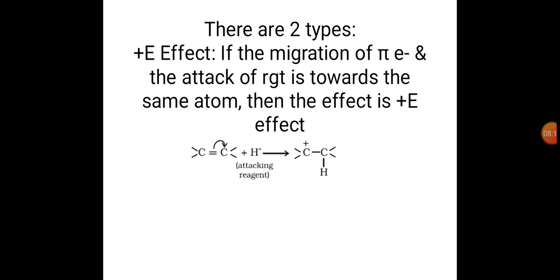When electrons are moving to the first carbon, the carbon has a negative charge and the second carbon has a positive charge, and thus the attacking positively charged hydrogen ion will attack the carbon which is negative in charge, or which has an electron rich region.